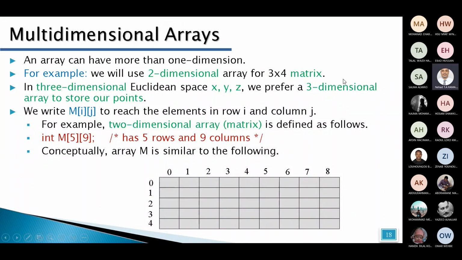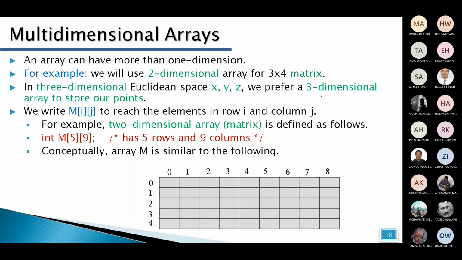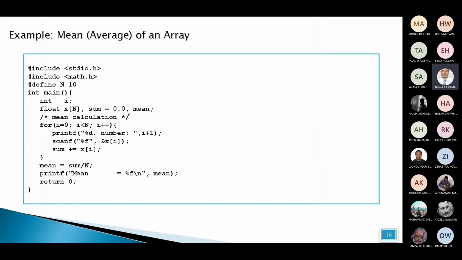Okay, so multidimensional array means array with more than one dimension. Until this slide, all our examples were about one dimension arrays that have only one dimension.